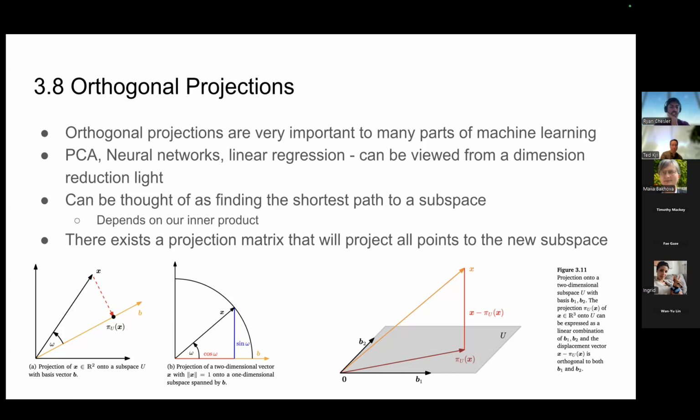In these graphics, we're projecting down onto the space's vector B, and we're saying this is the shortest path defined by our inner product.